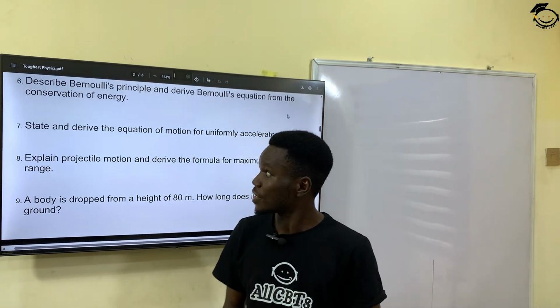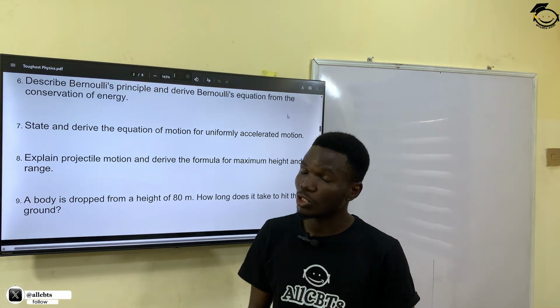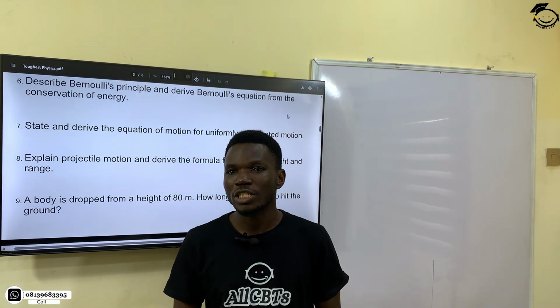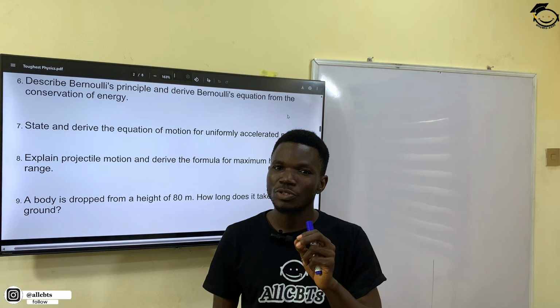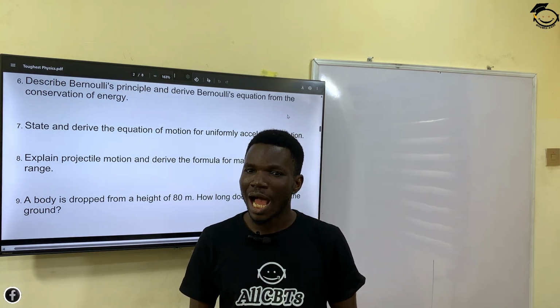Now question number 6 says describe Bernoulli's principle and derive Bernoulli's equation from the conservation of energy. Bernoulli's principle simply states that in a streamlined flow, an increase in fluid speed occurs as a result of a decrease in pressure or potential energy.